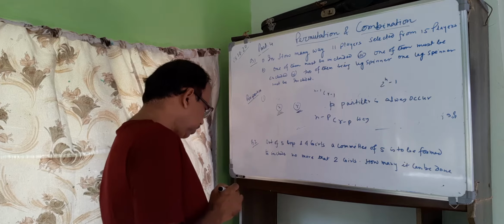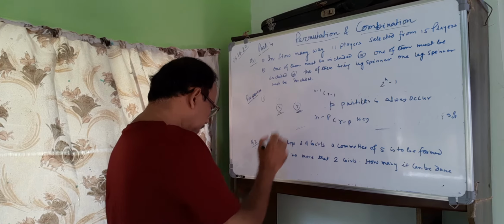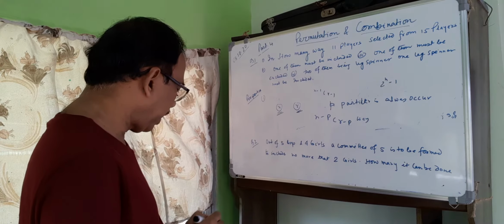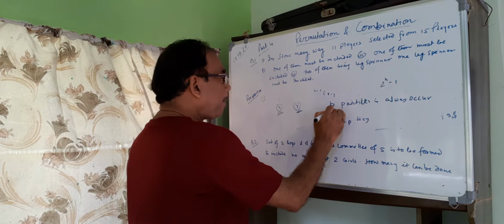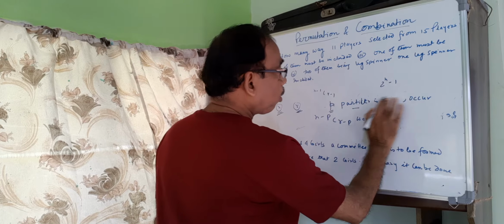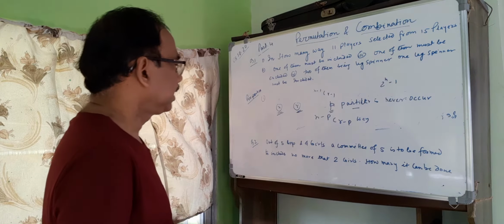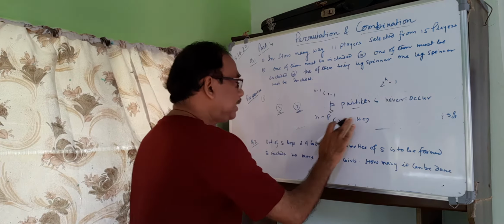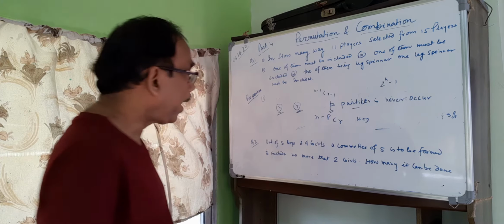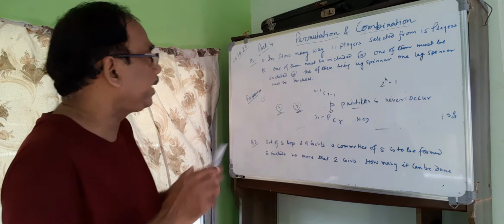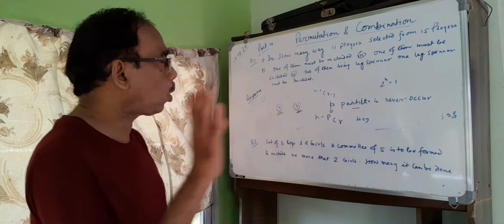And another one, from n different things we have to select r things, the number of combinations taken r at a time such that p particular things never occur. In that case, n minus p C r ways. Why? Because p particular things never occur means you have to think that the p things are not there.